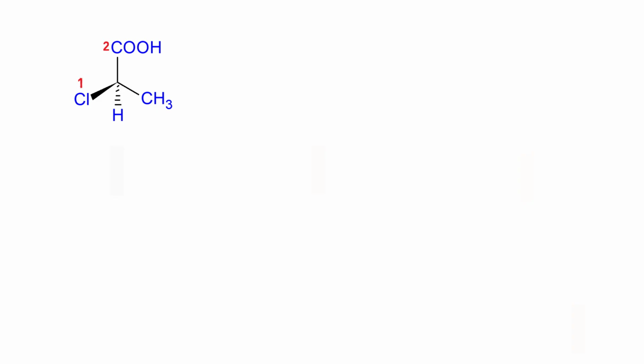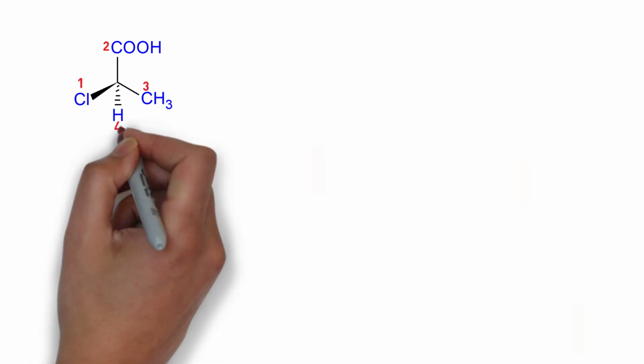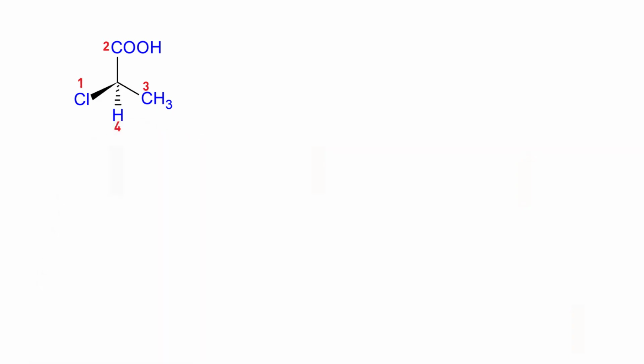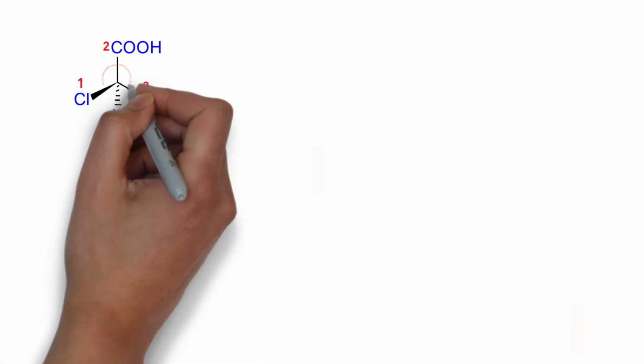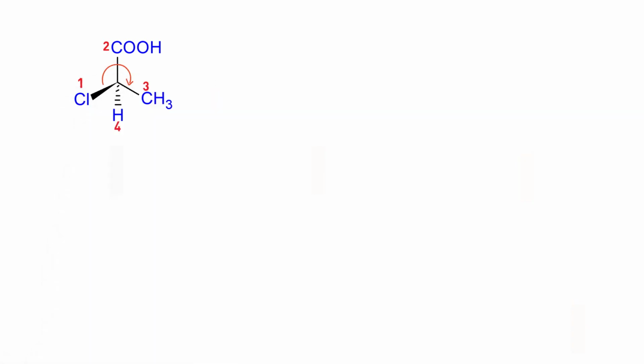In the case of methyl, the next attached atom is hydrogen, which has a low atomic number compared to oxygen. So the carboxylic carbon gets priority second. Then obviously the methyl carbon gets priority third. And finally, the lowest priority atom is hydrogen. As you see, the lowest priority atom is away from the viewer. So once you move through 1, 2, 3, it moves clockwise. Therefore, the configuration is R.